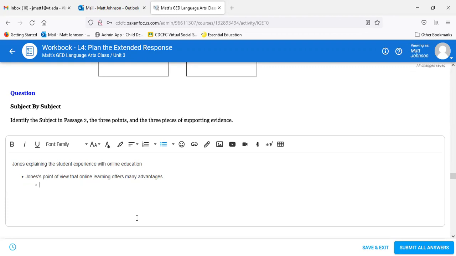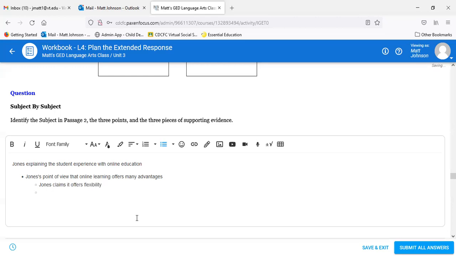His evidence of that is the flexibility and self-management, right? Or sorry. Yeah. So, well, let me see here. Oh, okay. And yeah, so flexibility, that will work. Jones claims it offers flexibility.